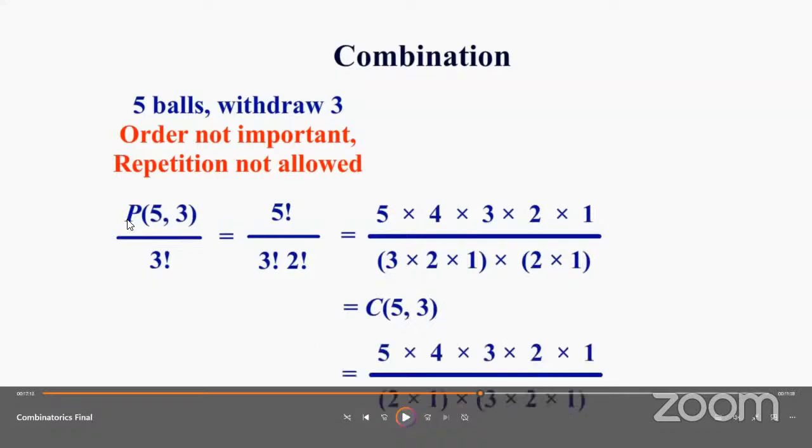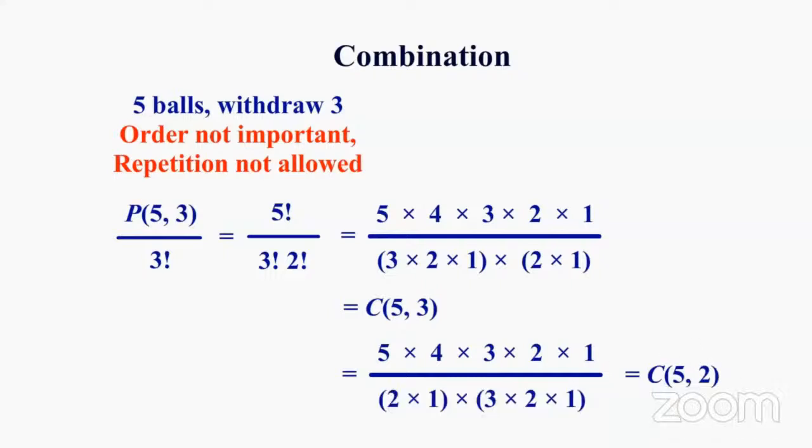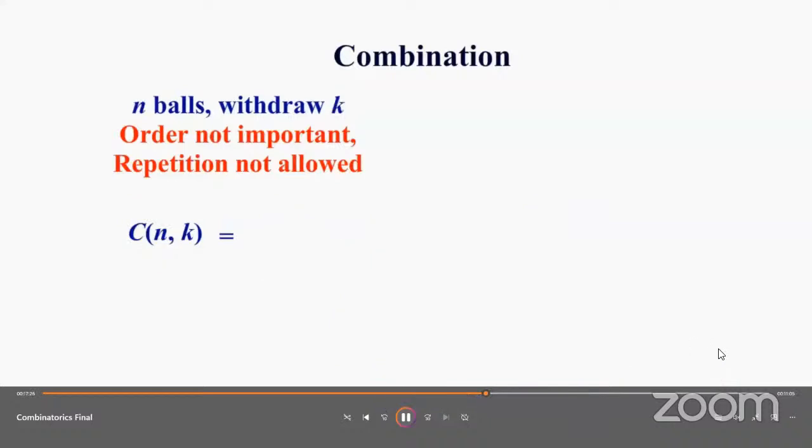Before, for the permutation, we had P53, and now we have this, 5 and 3. And we have another notation for this one.